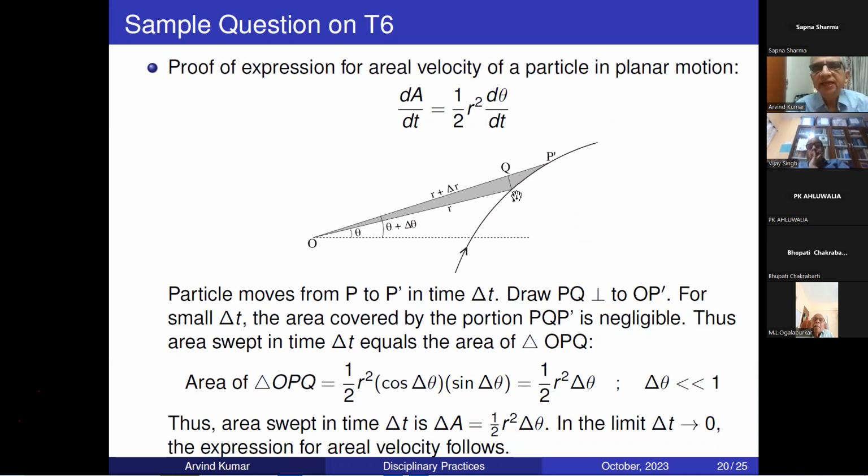But what is the area of this? Just see, this is r sin theta, and this is nearly dr, which is actually dr into 1 minus cos theta, but cos theta is up to first order 1. So this is r delta theta.